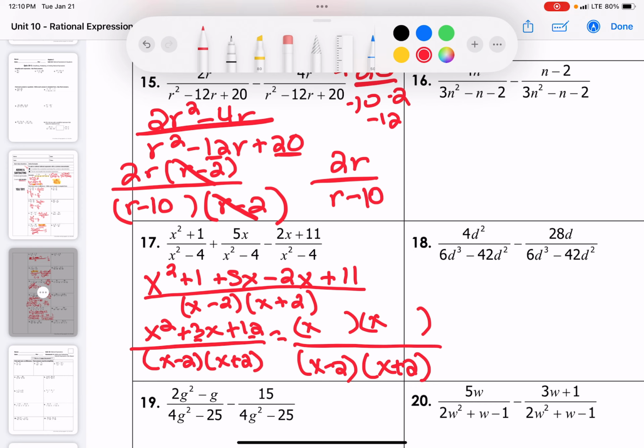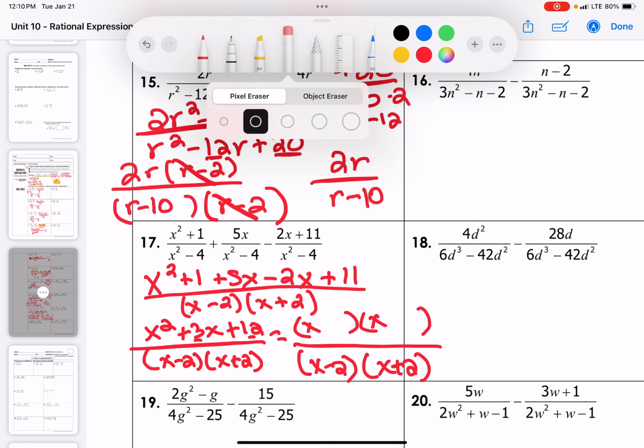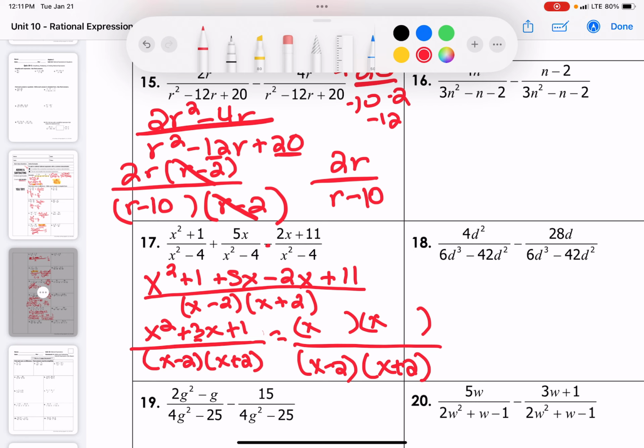Oh, wait. Plus 1. Oh, this was on me, my fault. This should have been a 10, because of that negative right over here. So it should be minus 2x minus 11.